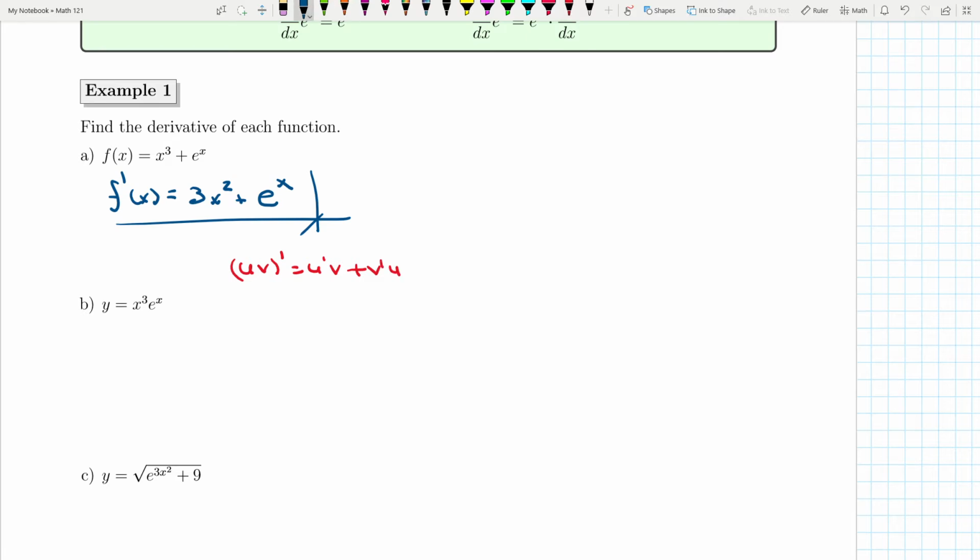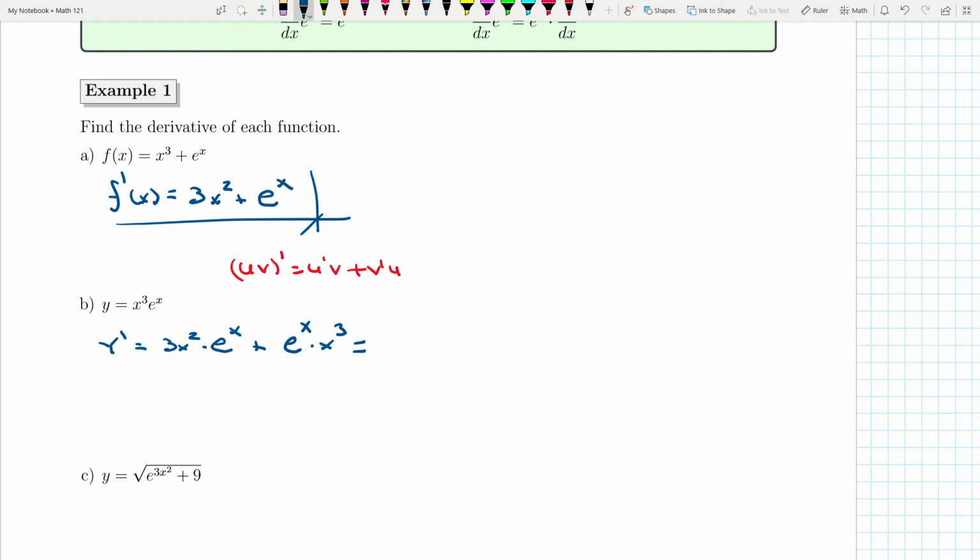In this case, y prime equals the derivative of x cubed, which is 3x squared, times e to the x, plus the derivative of v, which is the second factor, e to the x, and the derivative of e to the x is itself e to the x, times x cubed. And we're essentially done with the calculus here.